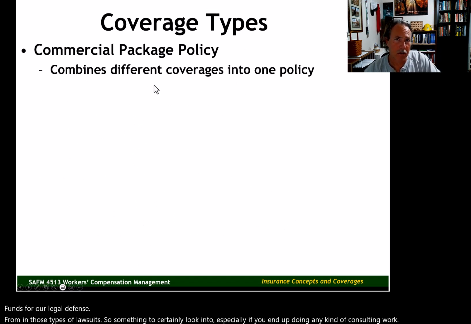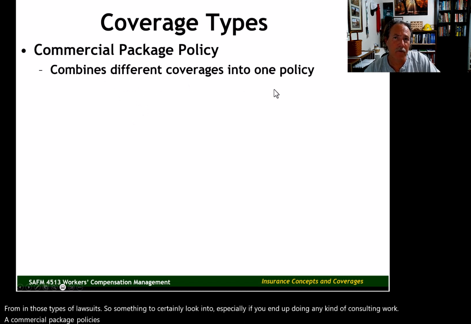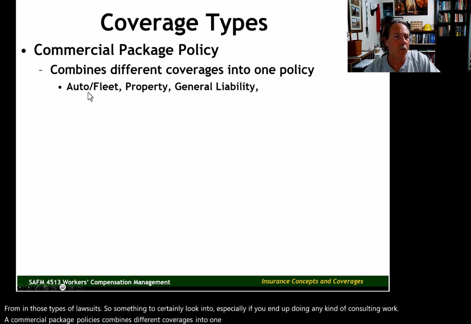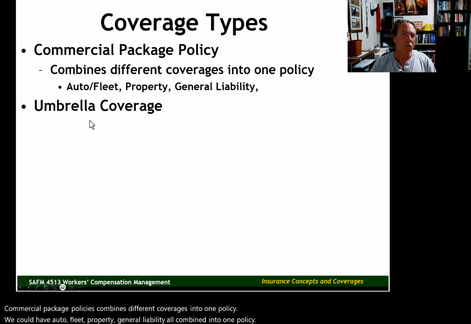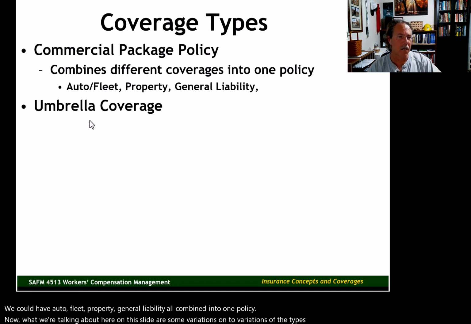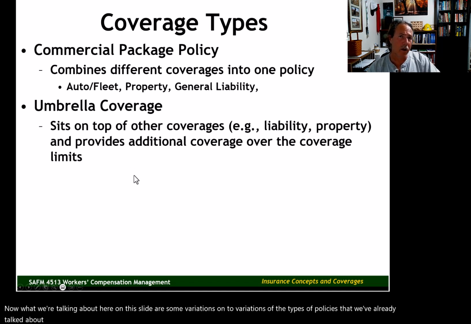Commercial package policies combine different coverages into one policy. We could have auto, fleet, property, general liability, all combined into one policy. Now, what we're talking about on this slide are some variations of the types of policies that we've already talked about. Umbrella coverage is a coverage that sits on top of other coverages.